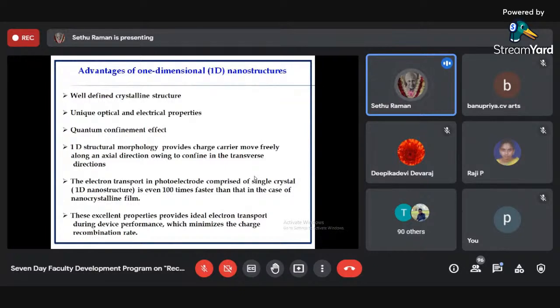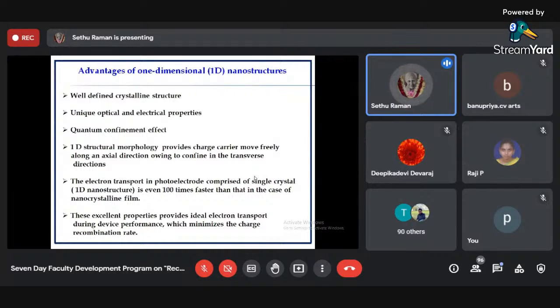One-dimensional structural morphology allows charge carriers to move freely along the axial direction, while being confined in the transverse direction. The electron transport in a photoelectrode comprised of a single crystal can be even 100 times faster than in the case of a nanocrystal. As I already told you, in a photoelectrode, instead of using a nanocrystalline thin film, a one-dimensional nanostructure gives charge transport that is 100 times faster.